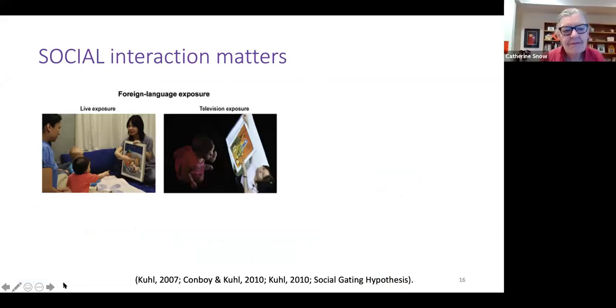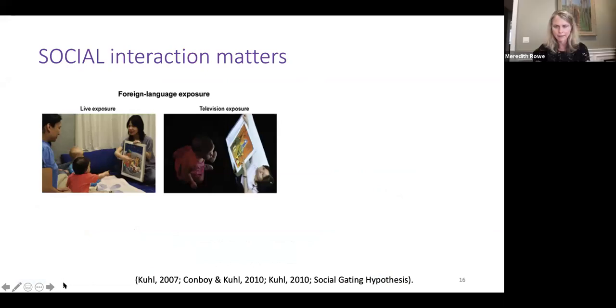All right, so I'm going to give you a few examples of this. I've been thinking about some of these screen examples because of the whole COVID situation lately. But from the very beginning, Pat Kuhl has shown, for example, that young babies cannot learn sounds in a foreign language if they're exposed to them on a television screen, whereas if they're exposed in person, they do learn.